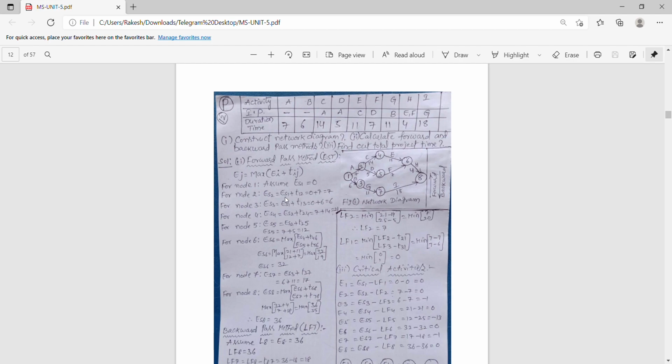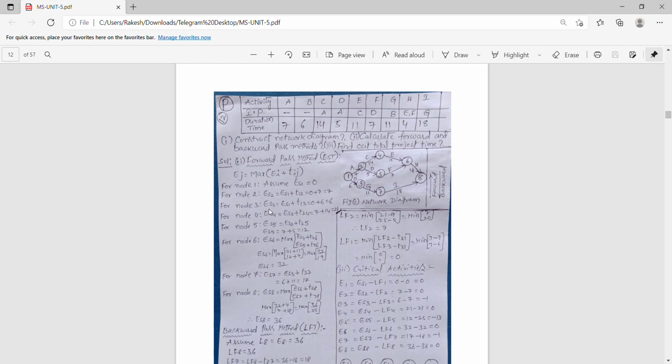Earliest time is 0; it is fixed that starting is 0. So 0 plus the given time duration of 7. We have to write it while drawing the diagram. So 0 plus 7 equals 7.